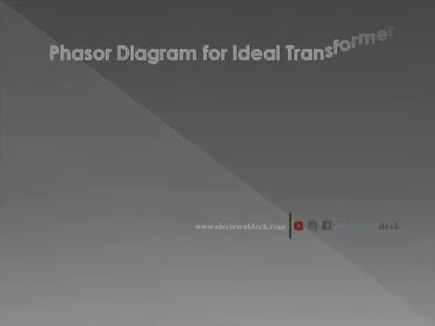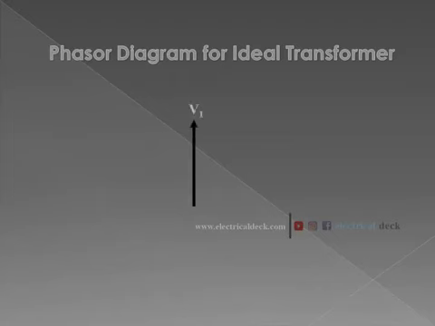Now, let us see the phasor diagram for an ideal transformer. Here, the supply voltage given is V1. And the primary winding current, I M, lags behind the supply voltage, V1, by 90 degrees.